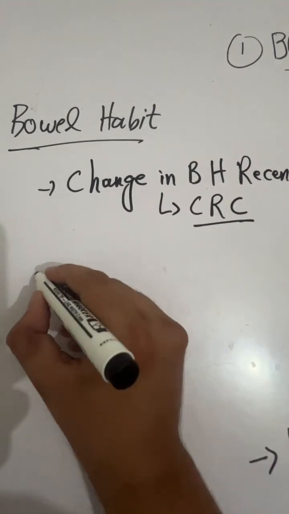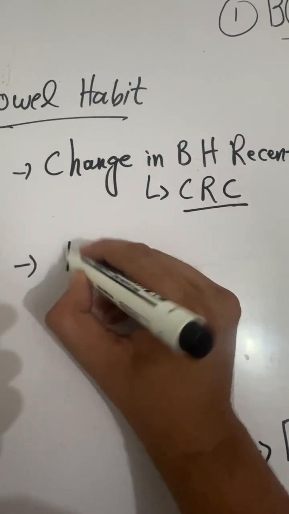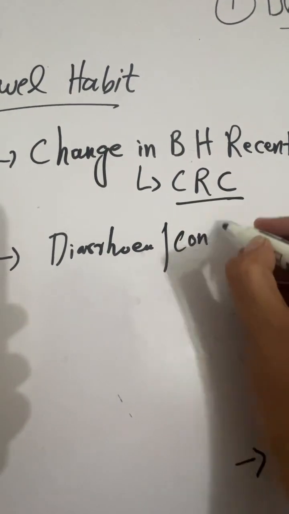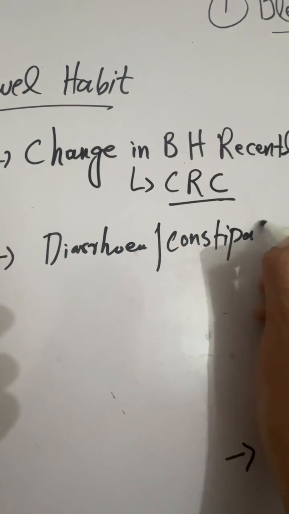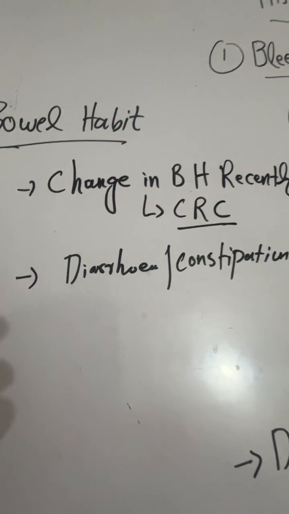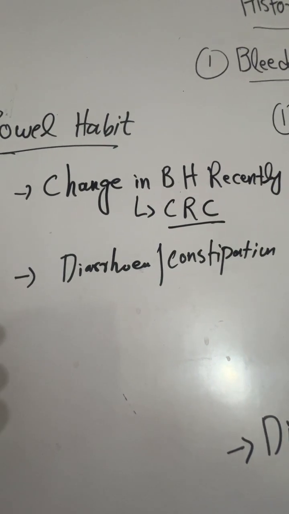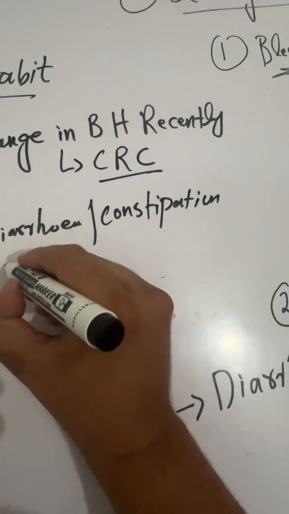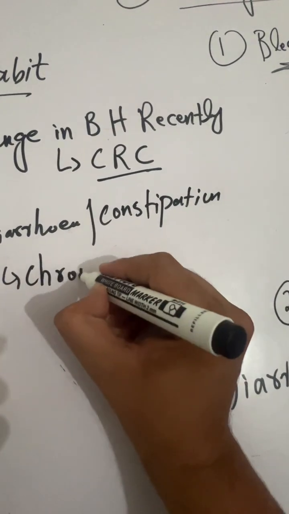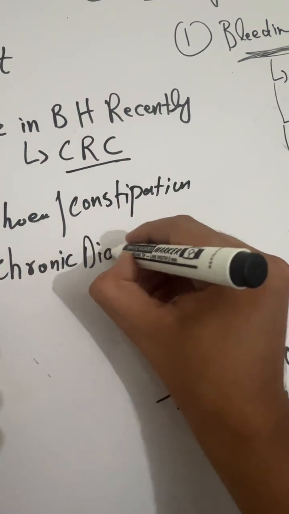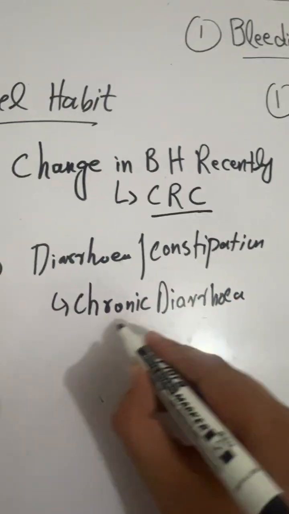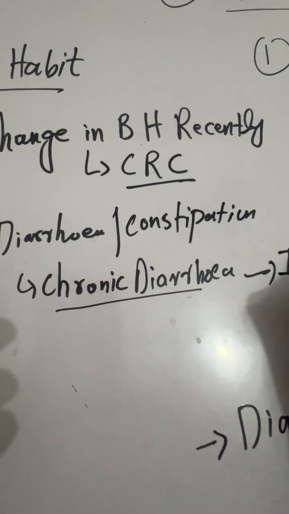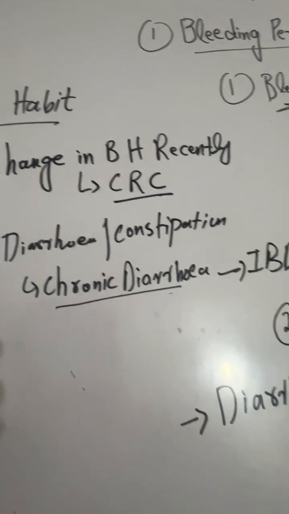Then in the bowel habit, we will also ask about diarrhea or constipation. We will ask whether he or she is opening their bowels more or less often than usual. If there is a history of chronic diarrhea plus bleeding per rectum, then we will think about IBD, inflammatory bowel disease, or other infection.